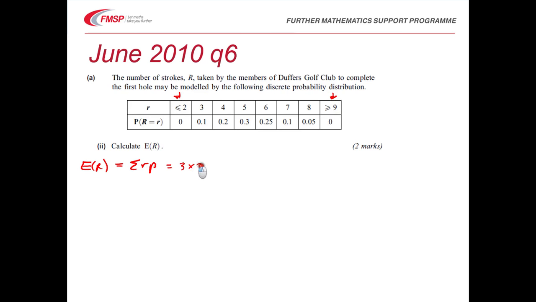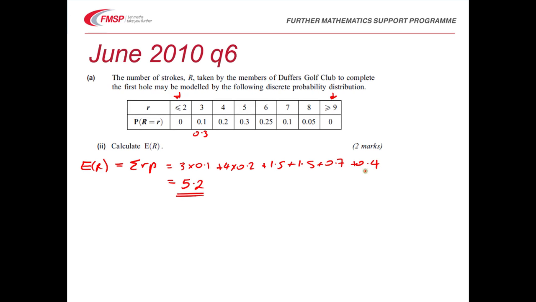So 3 times 0.1, you could put it on the table, you could write it as a formula. Either way is absolutely fine. Plus 4 times 0.2, plus 1.5, plus 6 times a quarter, 1.5, plus 0.7, plus 0.4. So anything like that to help us see that you're doing this correctly would be okay. And that's going to give me 5.2.